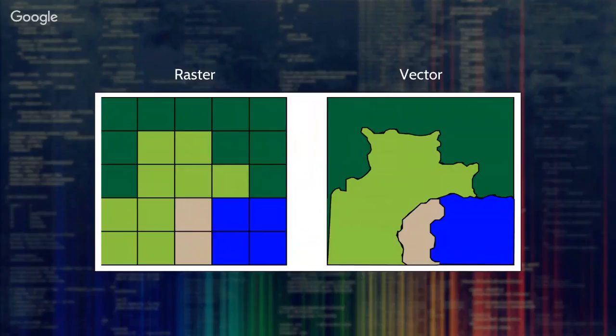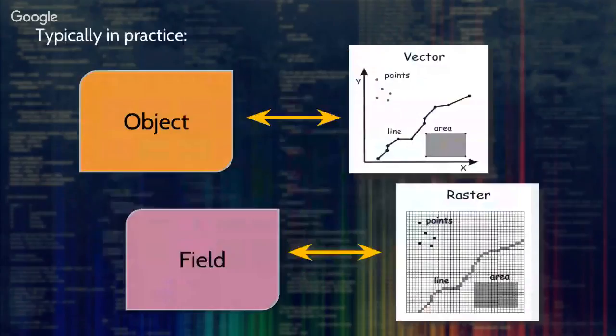And generally, we place these vertices, these points, close enough together that you don't really notice that they're short between, and then you can make complex organic looking shapes out of them. Or you have pixels, and then the big thing about pixels is how big or small. So, generally speaking, when we think of something as an object, a car, a city, a country, we usually model it with vector data.